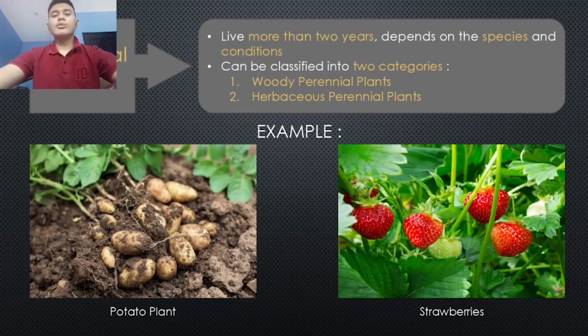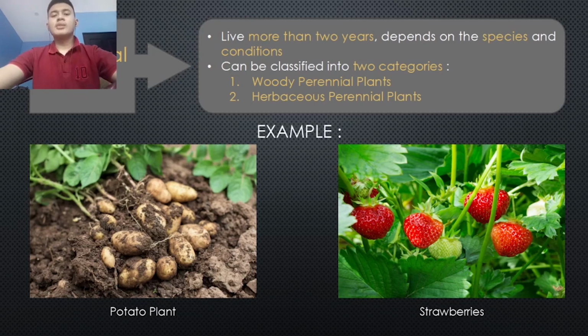The last type of plant is perennial plant. These plants can live more than 2 years, depending on their species and conditions. These plants can be classified into 2 categories, which are woody perennial plants and herbaceous perennial plants.